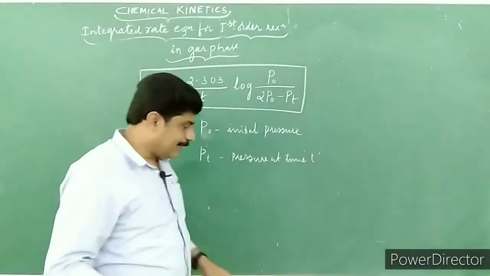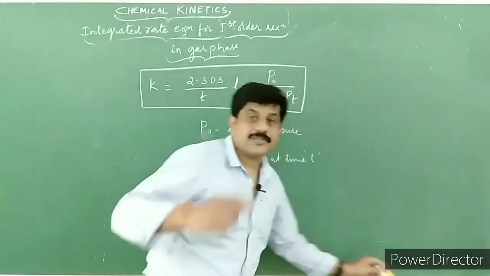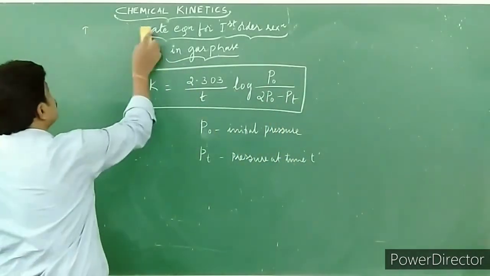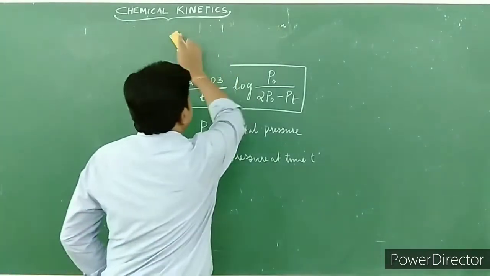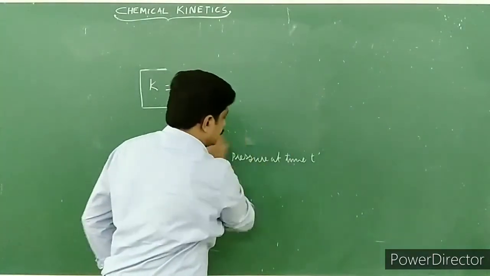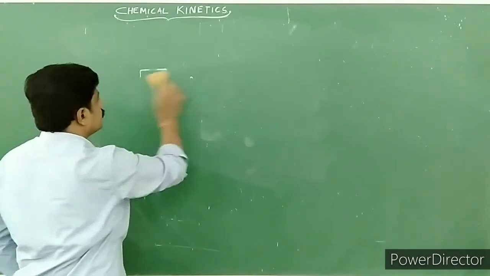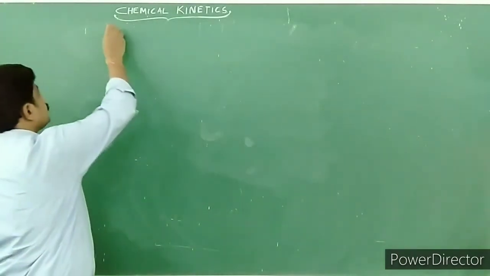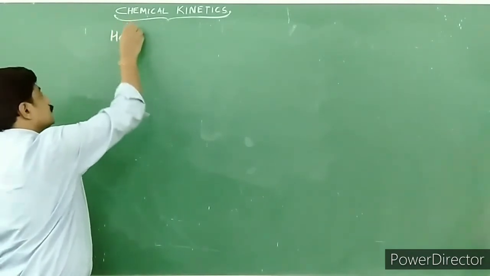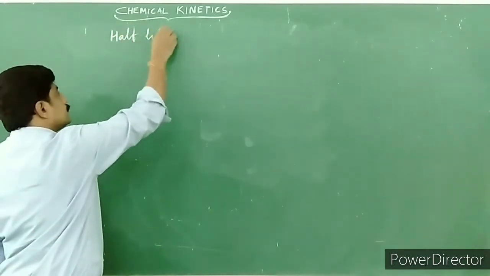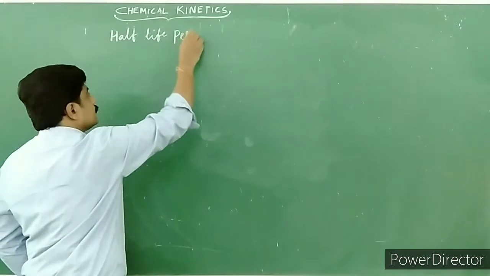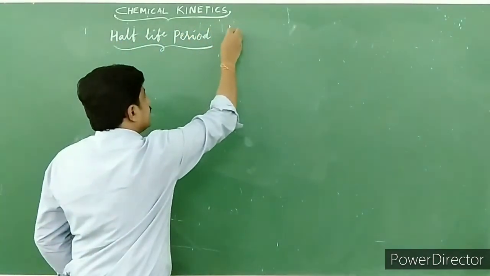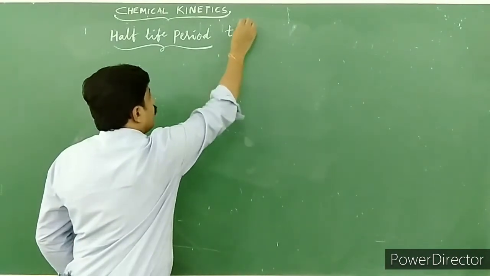Hope you got it. Now let me go for the next topic, which is also very, very important, that is half-life period. Half-life period is designated or denoted as t half.